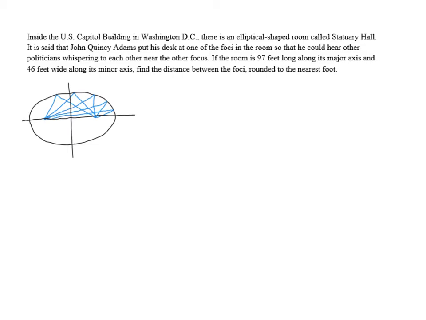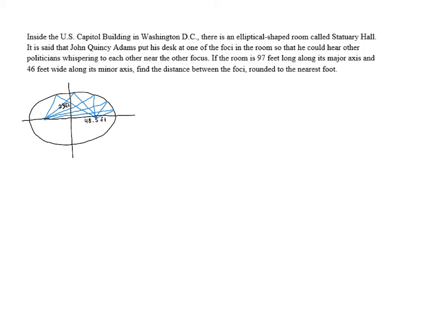And here we know that the major axis is 97 feet long, and so the value of a is half of that, and half of 97 is 48.5 feet. And then for the minor axis, we know that the width is 46 feet wide, so half of that is going to be 23 feet.